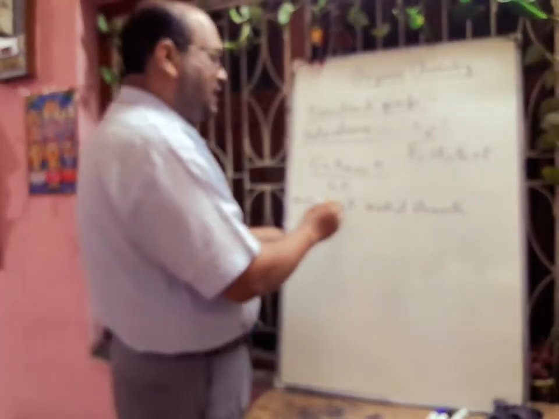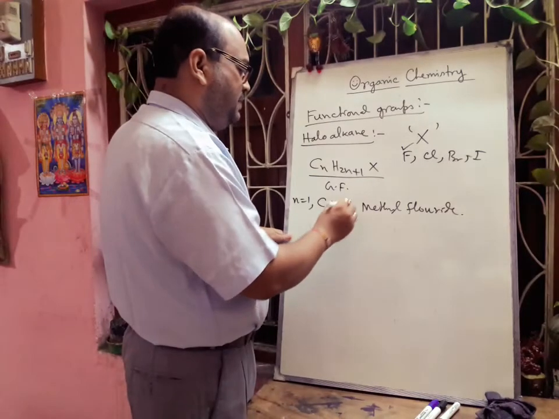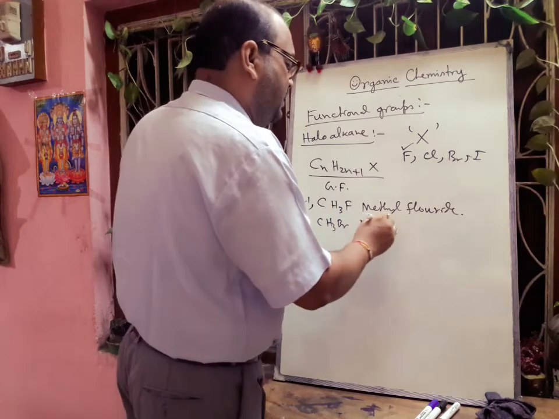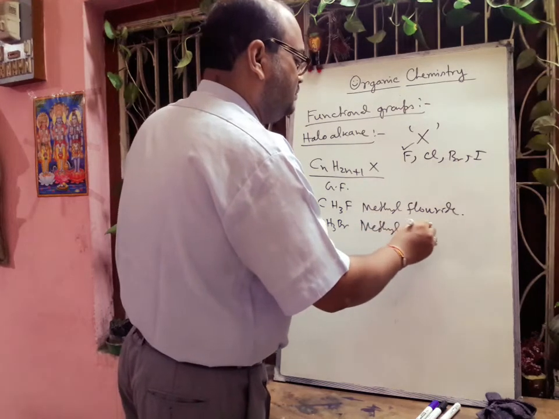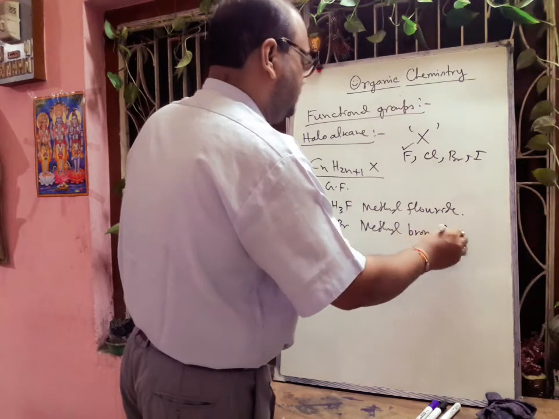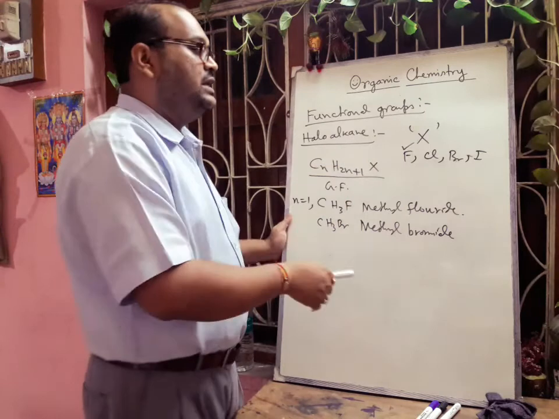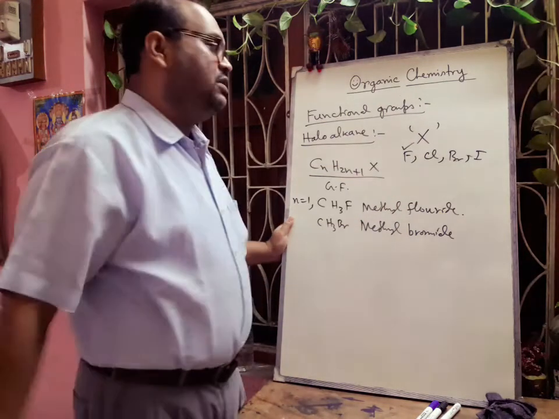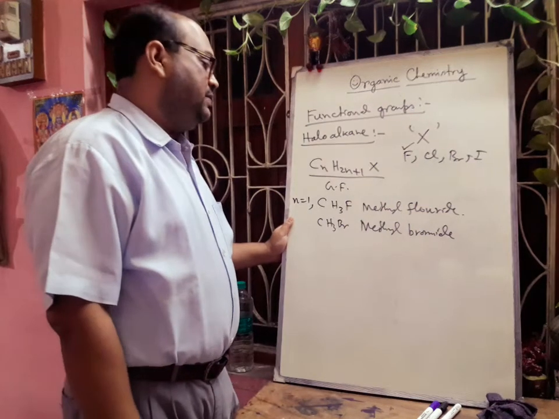If we put bromine in place of fluorine, it will be methyl bromide. And when we put CH3Cl, it will be methyl chloride. When we put I, that will be CH3I, methyl iodide.